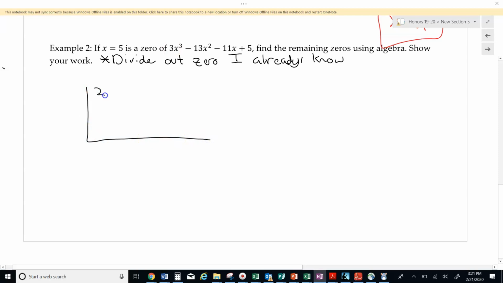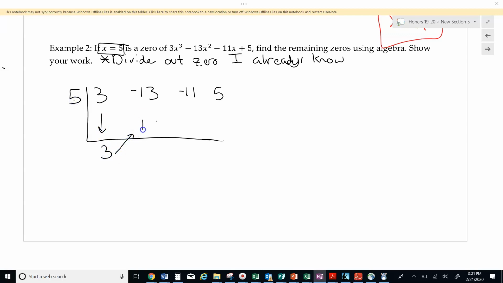So I have 3, negative 13. I am already given x equals something, so I don't have to set it equal to 0 and solve for it. Bring down your 3. 3 times 5 is 15. 5 times 2 is 10. 5 times negative 1.